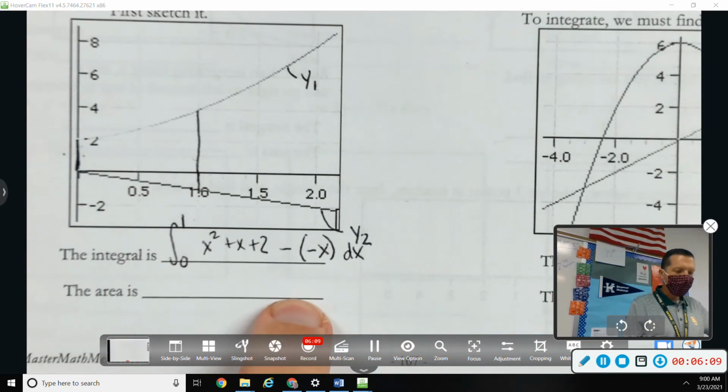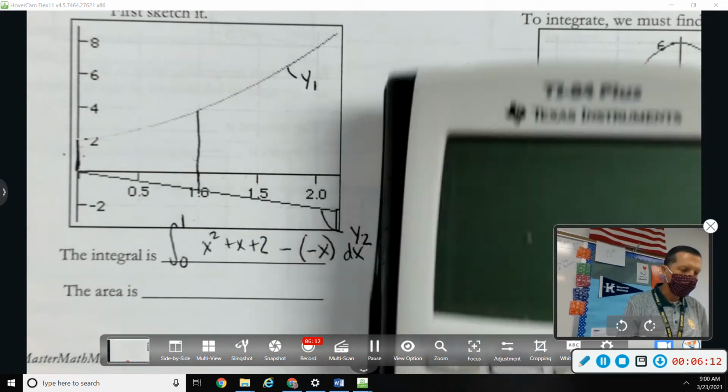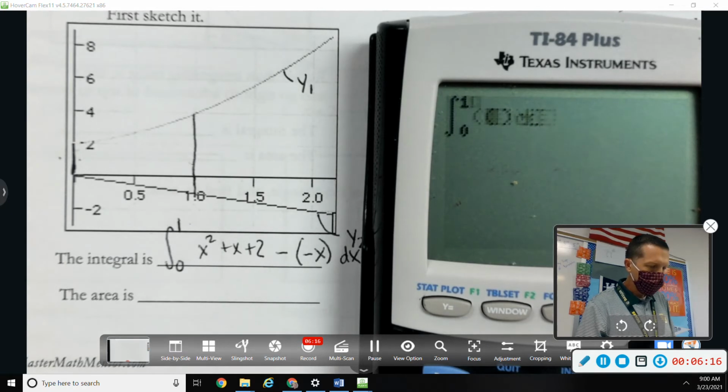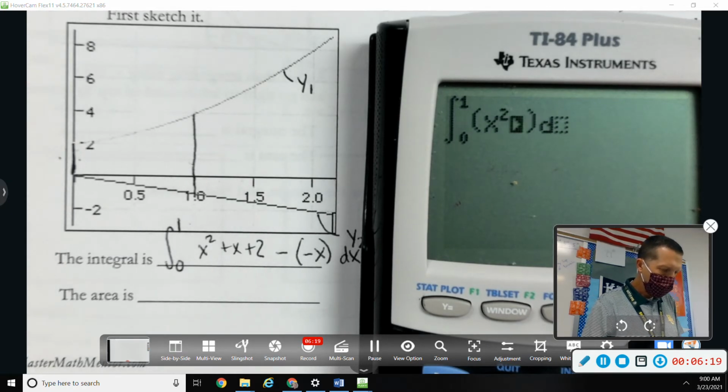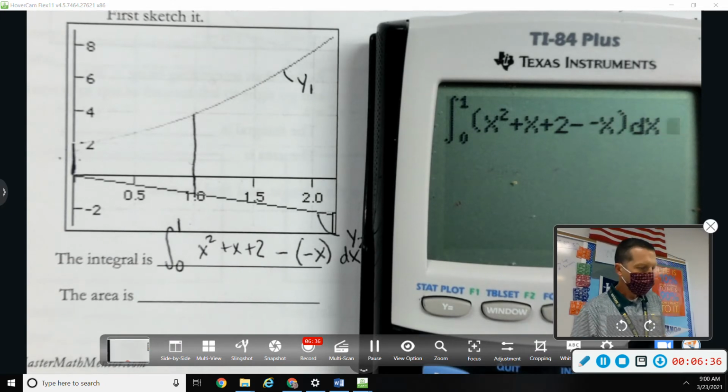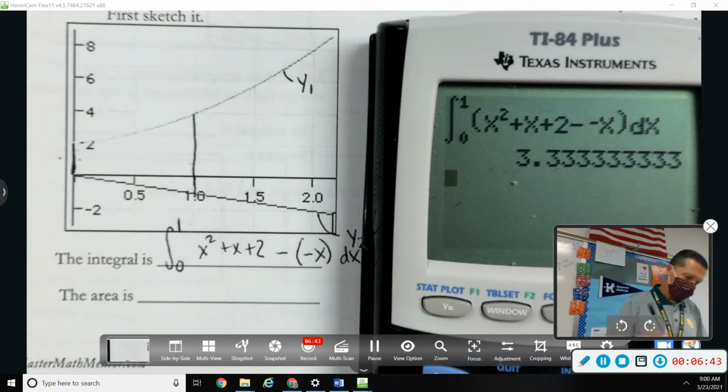And that one is straightforward enough we could do it by hand, but they invited us to use the calculator, so why would we not? 0 to 1, x squared plus x plus 2, and you could type it in exactly like it looks. You can do some simplifying if you want, or you can just say that's the calculator's job, minus negative x. He can figure it out on his own. Enter. There's my answer.